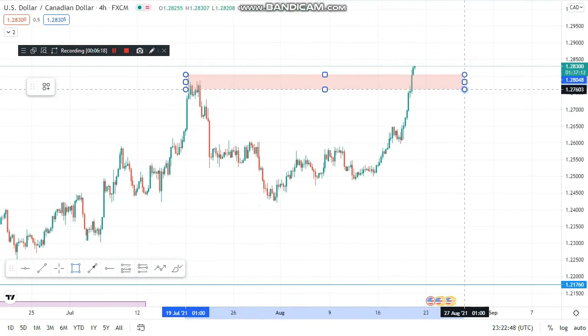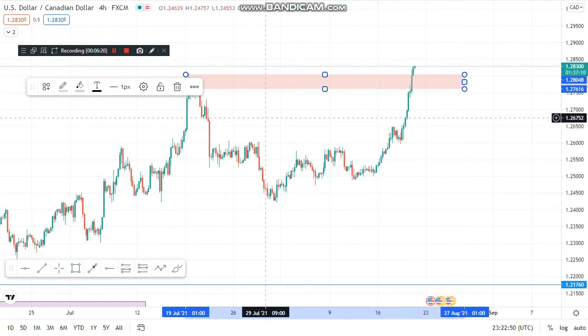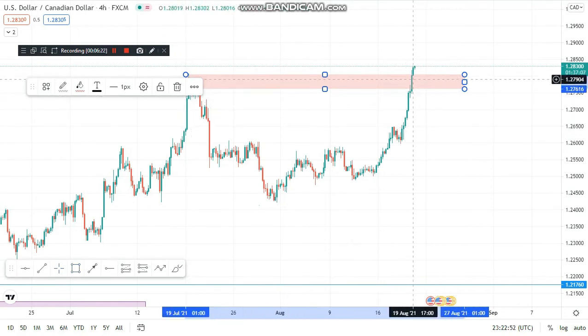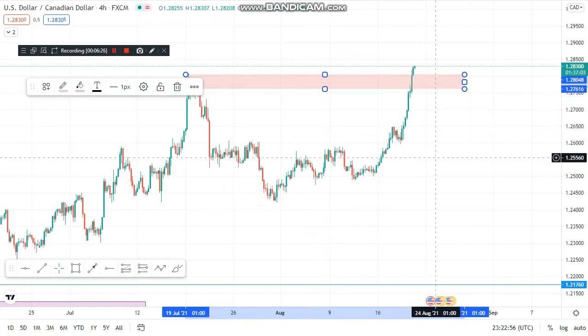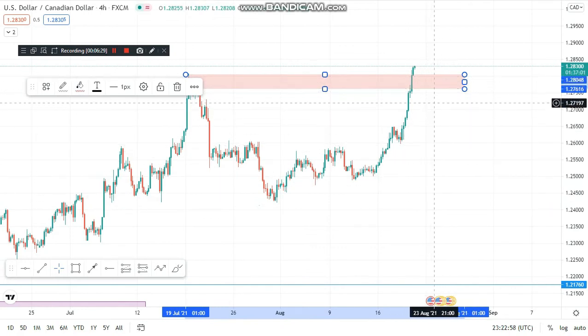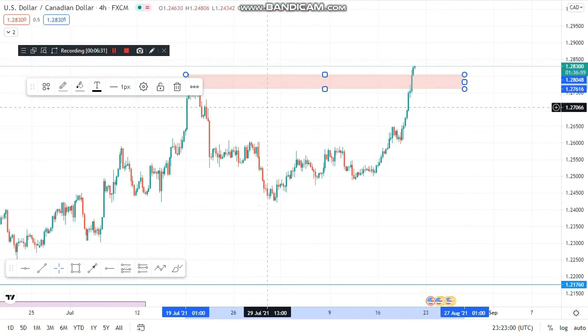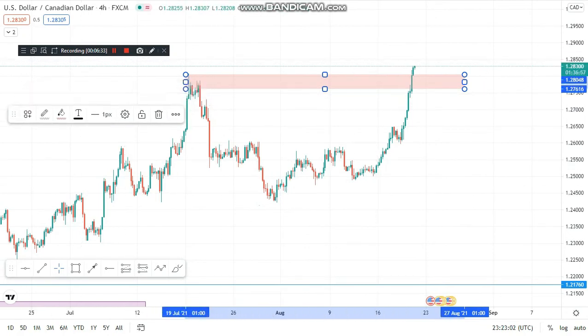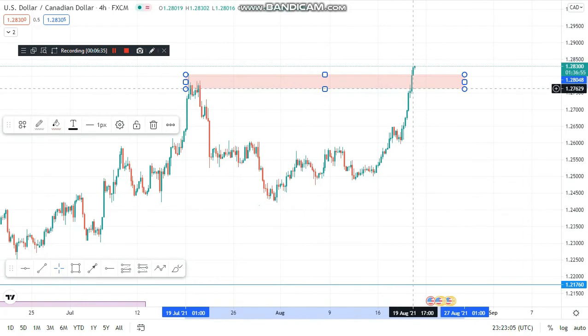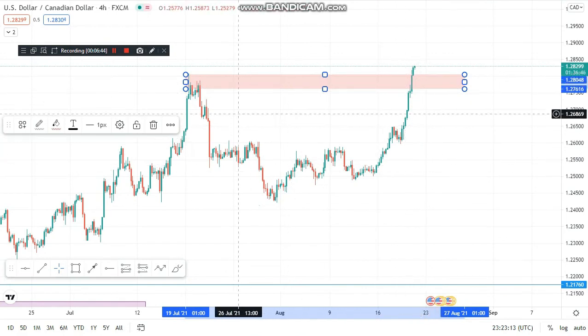After the first touch, what you have to do is wait for a second touch. Now if it comes back there and respects this, you will see that this is a valid resistance zone. But in this case, it came to this zone for the second time and didn't respect it. So you don't have to call this a resistance zone because it wasn't properly respected.